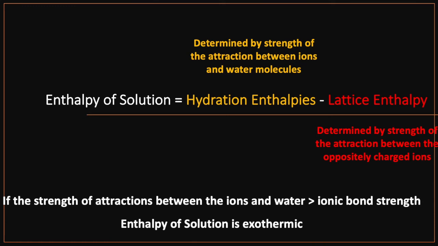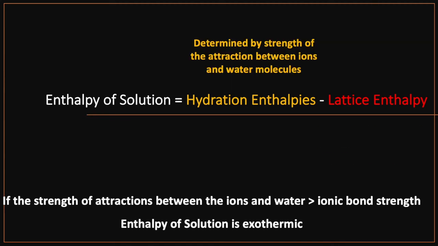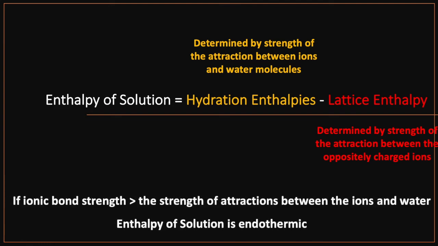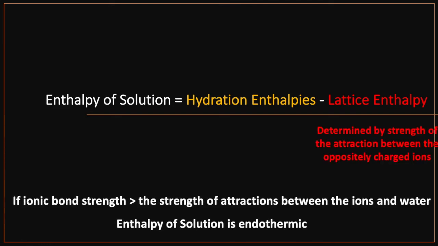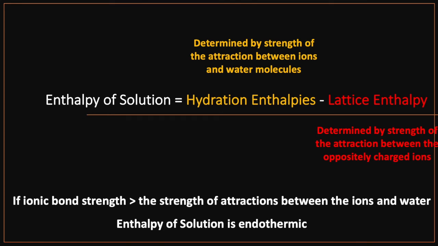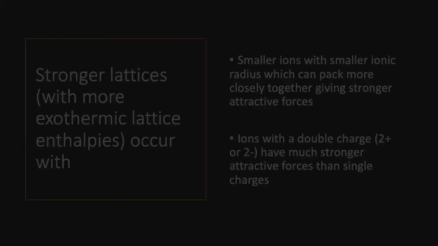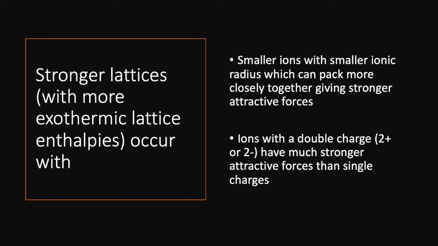So if the strength of the attraction between the ions and water is greater than the ionic bond strength, then the enthalpy of solution is exothermic. However, if the ionic bond strength is now greater than the strength of the attraction between the ions and the water, the enthalpy of solution is endothermic. So it's a very fine balance between those two large negative numbers.